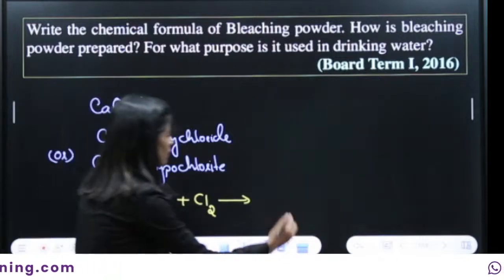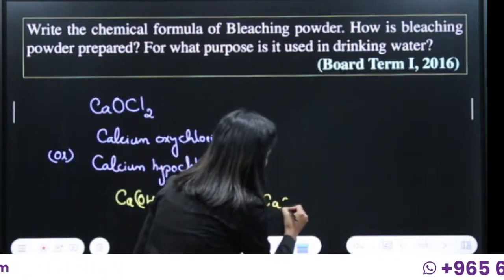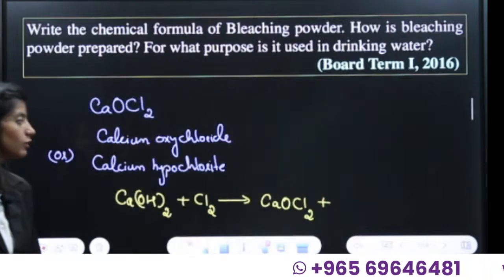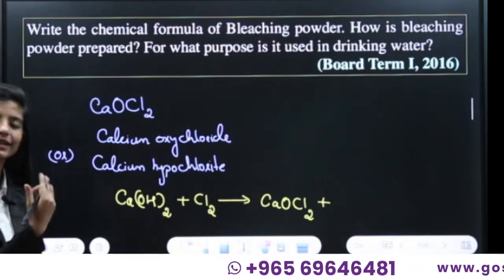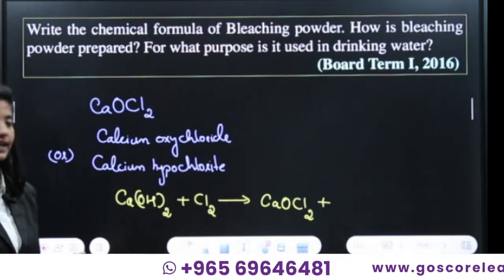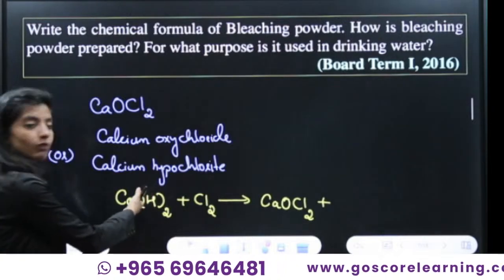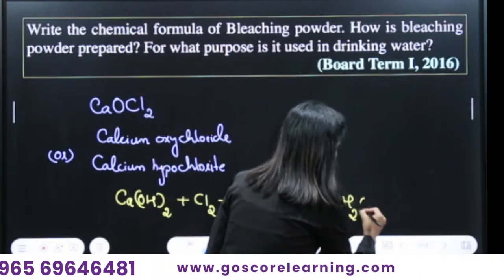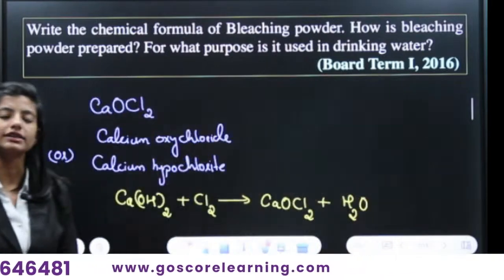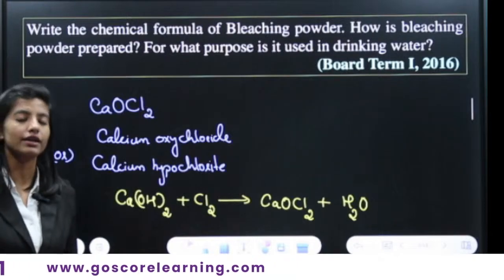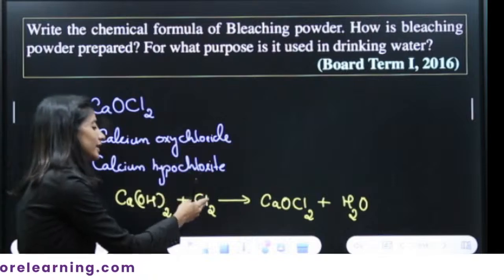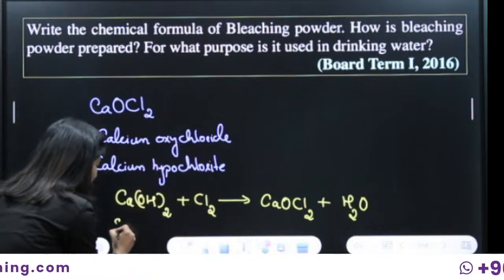Bleaching powder is nothing but calcium oxychloride, along with what? What is remaining on the reactant side? It's water. 2 hydrogen and 1 oxygen is left, right? So definitely you can write water right over here. So calcium oxychloride or calcium hypochlorite can be prepared when chlorine gas is passed through slaked lime.